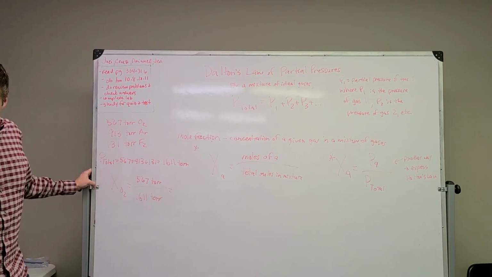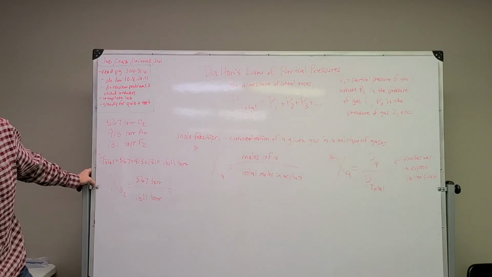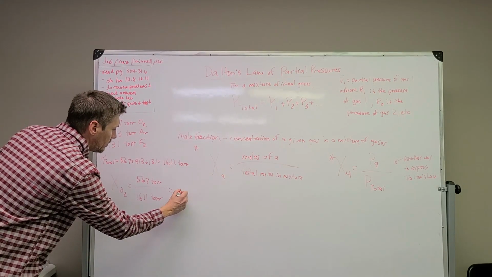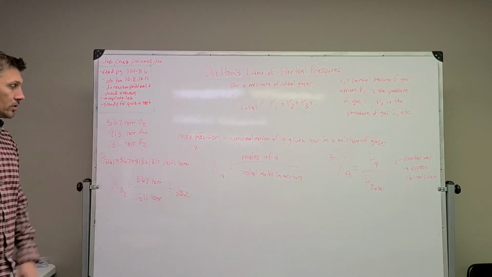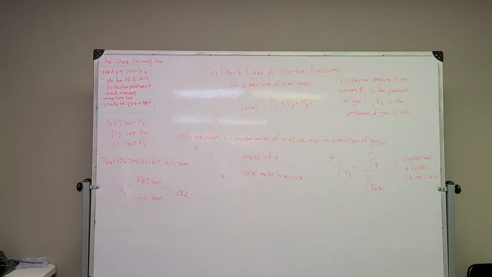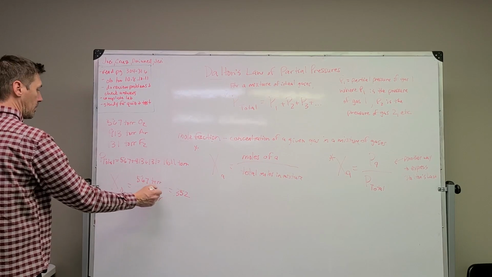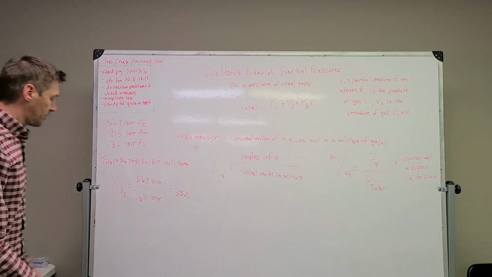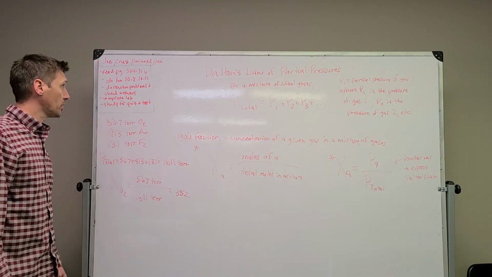So 567 over 1611 gives us 0.352. And we could do that for each of them. Again, there's no unit because the torr units cancel out here. So mole fraction doesn't have a unit there. But the next example is far more interesting. So let's move on to that one.